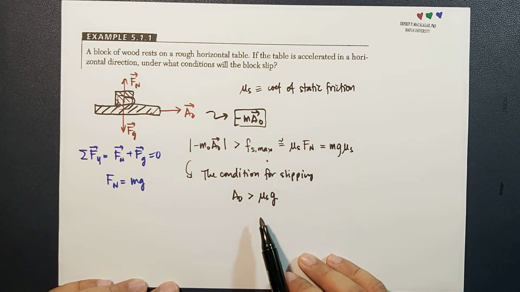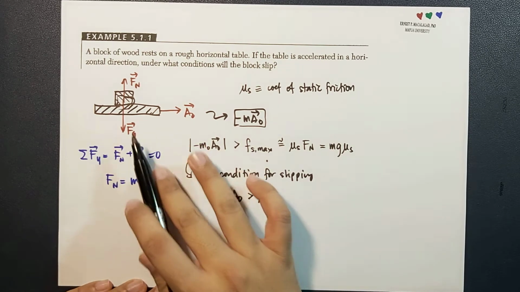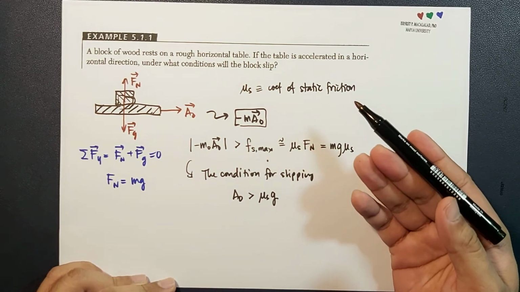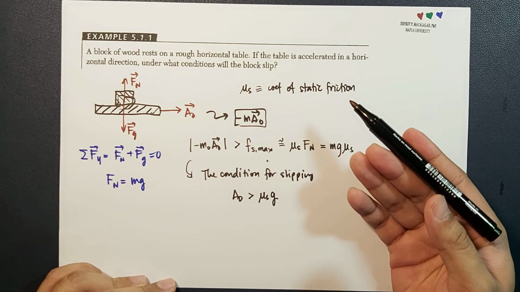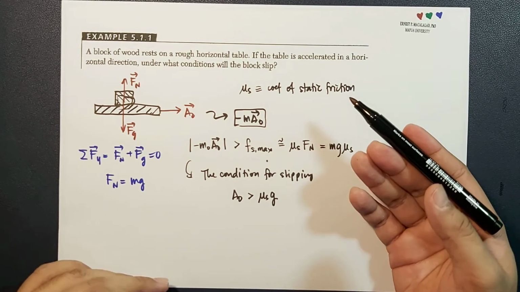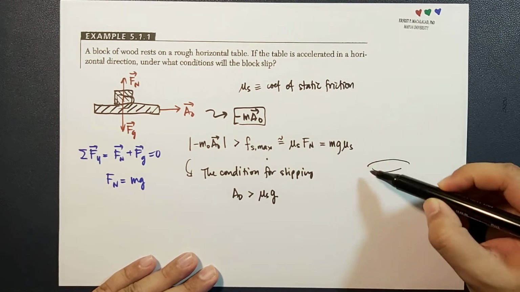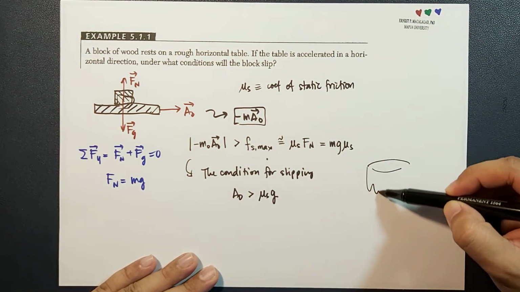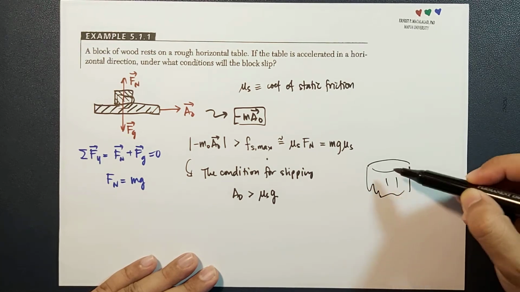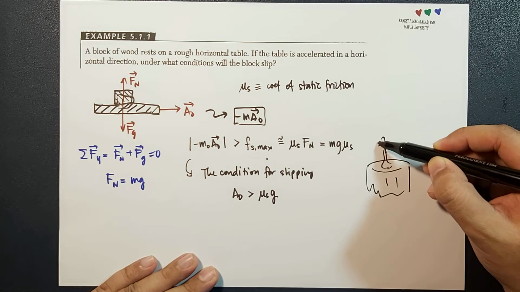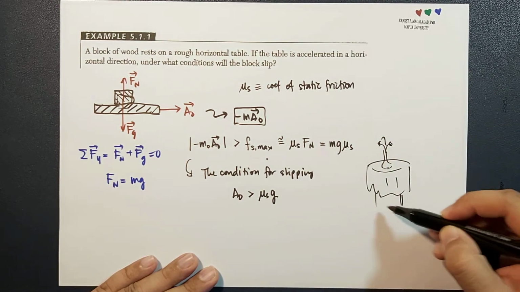Actually, this is the physics of the tablecloth trick, wherein you have a table covered with a tablecloth, and let's say you have a vase with flowers in it and other things.